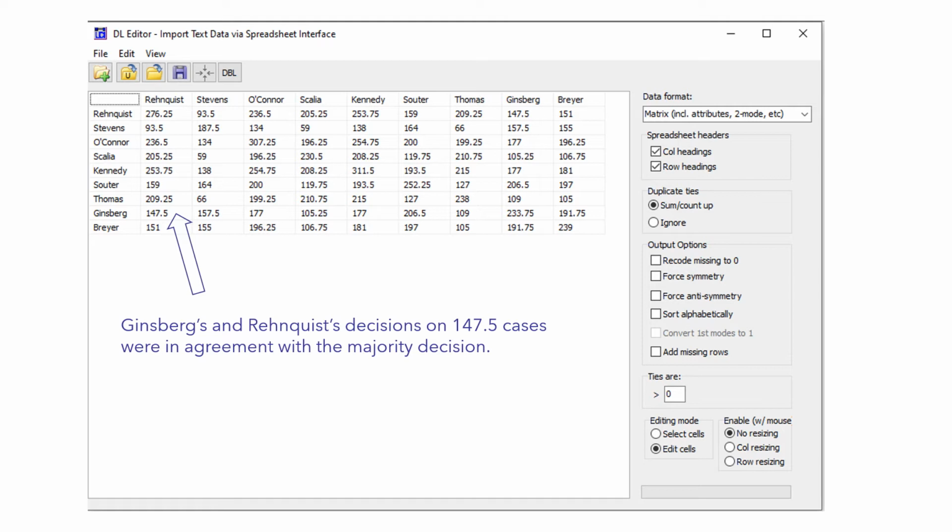With this one-mode network matrix, you can conduct network analysis to explore the relationships among justices based on their decisions on cases. You can visualize the network, and you can calculate the network metrics, centrality, and subgroups in the network.